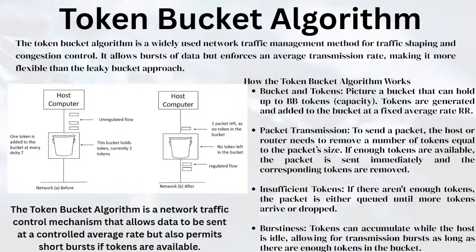If the tokens are insufficient, the packet is either queued until more tokens arrive or dropped. And the last one is burstiness: tokens can accumulate while the host is idle, allowing for transmission bursts as long as there are enough tokens in the bucket.